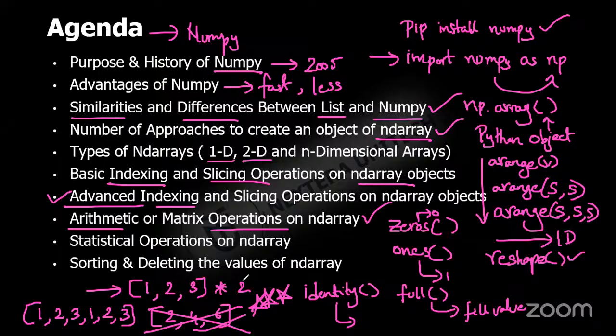If I am multiplying a scalar value with an array object, it allows me to perform the calculation. Vector calculations are possible. All these differences we are going to observe in today's session.